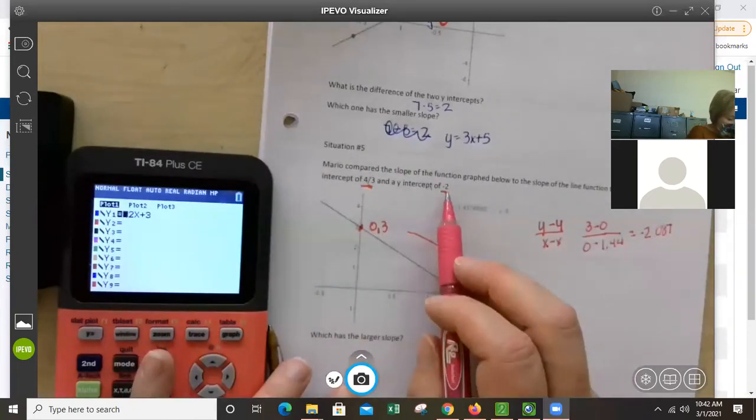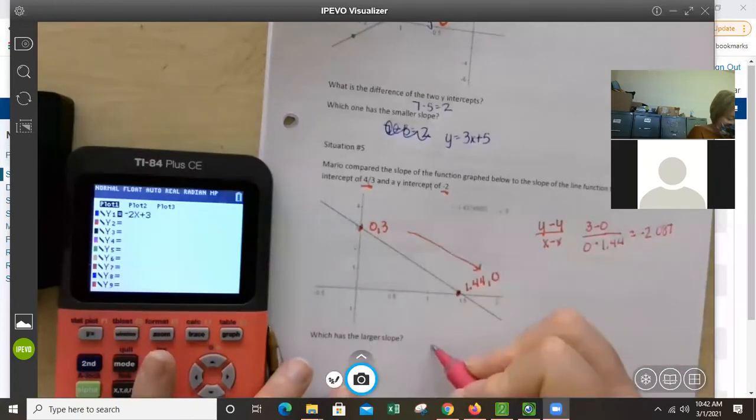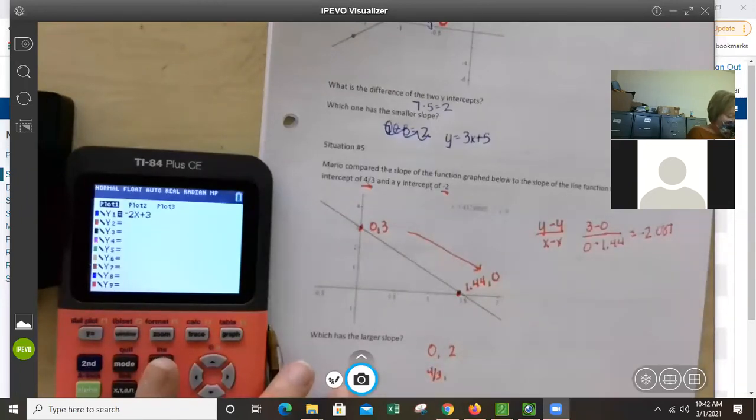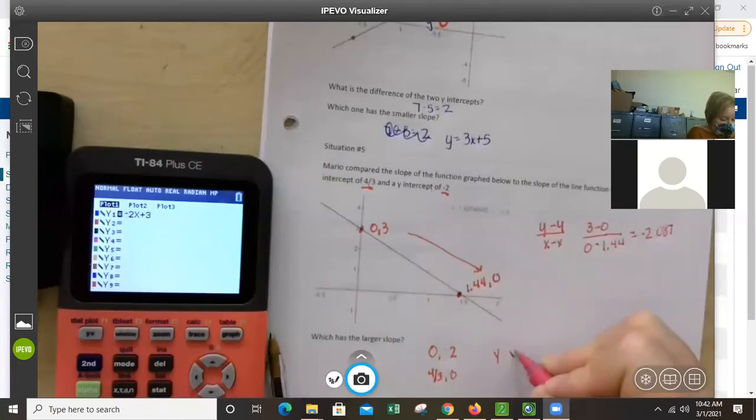Okay, so for the next one, we have a y-intercept of -2, so that's 1 point, 0, -2, and an x-intercept of 4/3, so it's going to be 4/3, 0. If it's crossing the x-axis, your y is going to be 0. That's our next set of points. So again, we do y minus y over x minus x.